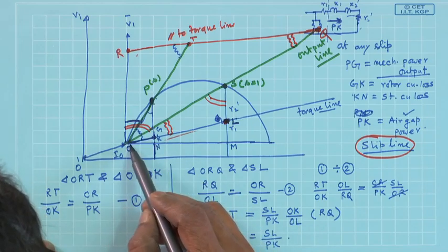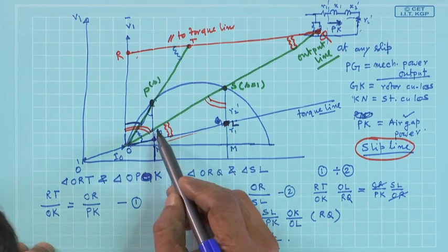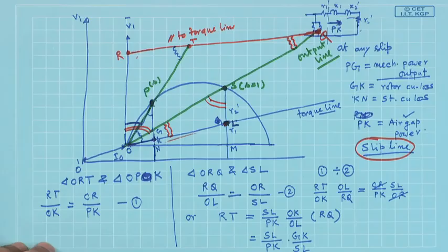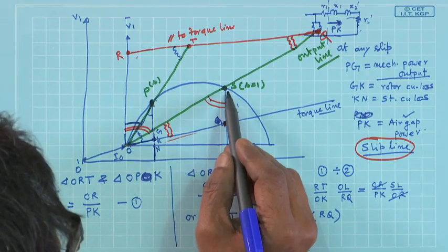So OK by OL will be same as GK by SL, because these two are parallel.